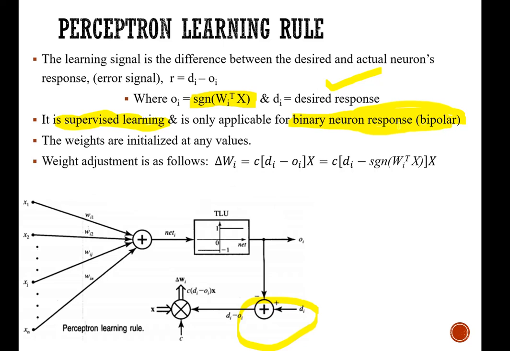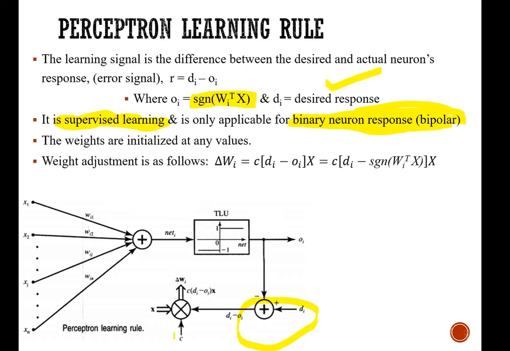The weight adjustment is as follows: delta w_i is c times (d_i minus o_i) times x. d_i minus o_i is the learning signal, called the error signal in this case, multiplied by x. The value of o_i is replaced by sgn of w_i transpose x, again multiplied with x.